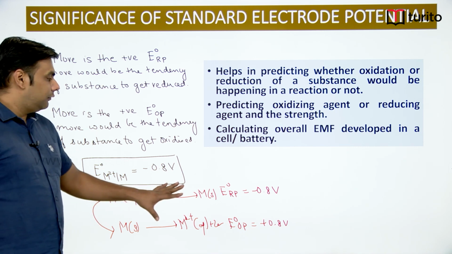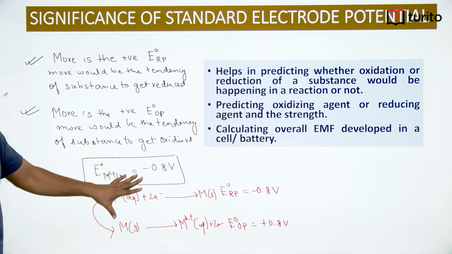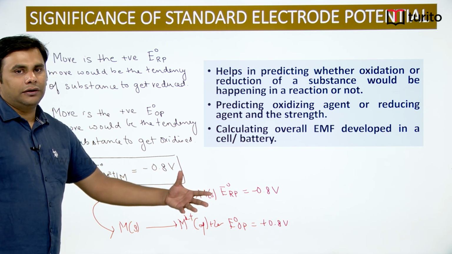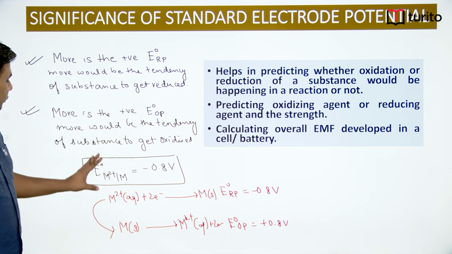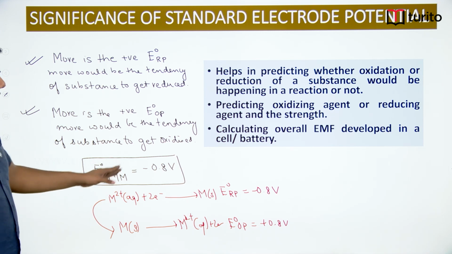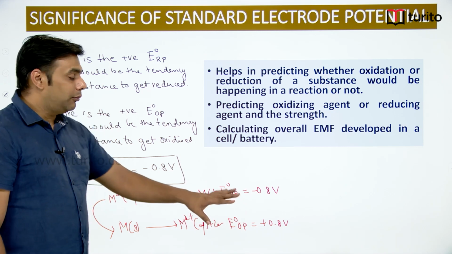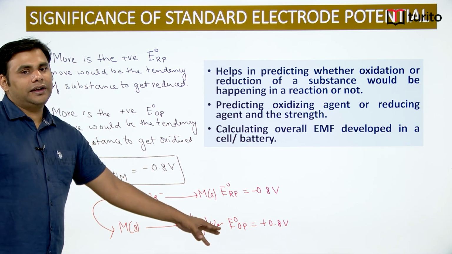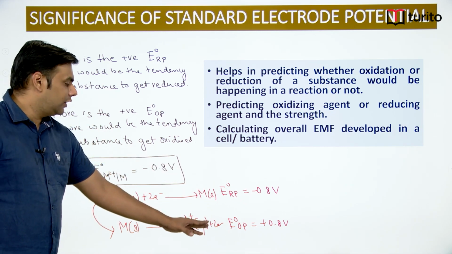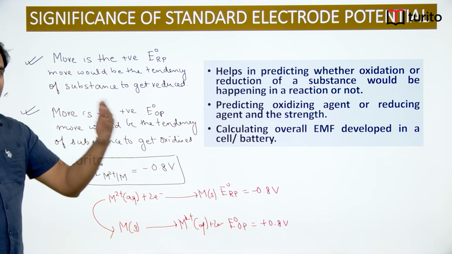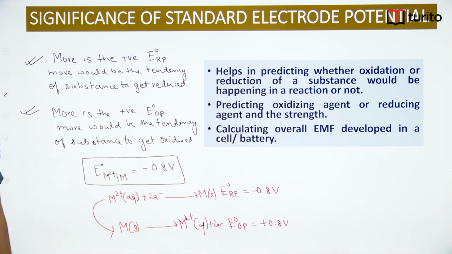Because the reduction potential is negative, reduction is not that spontaneous, but oxidation of this is highly spontaneous because the oxidation potential is positive. So the more positive the value, the more would be the tendency to get oxidized.